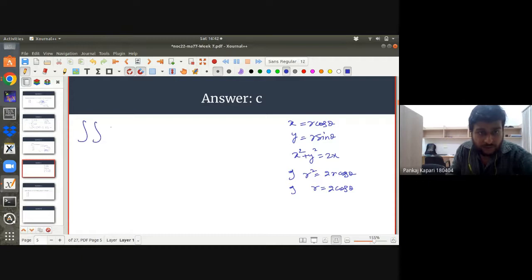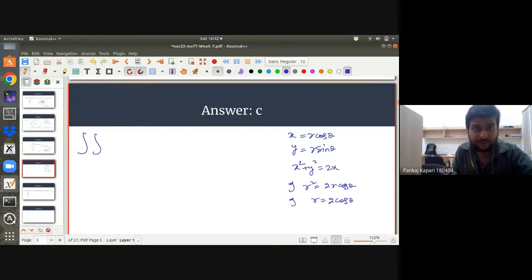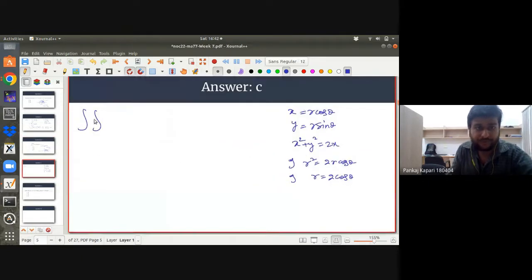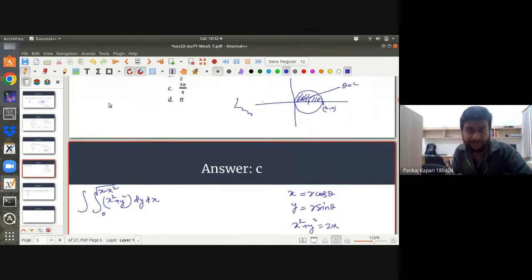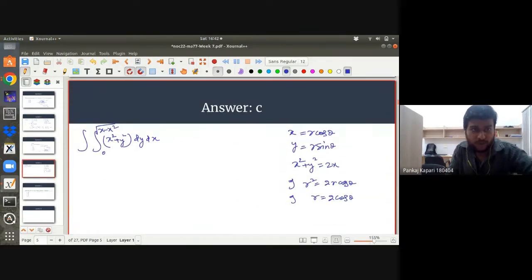Okay, so this given integral of x square plus y square dy dx, with y from 0 to square root of 2x minus x square and x from 0 to 2.